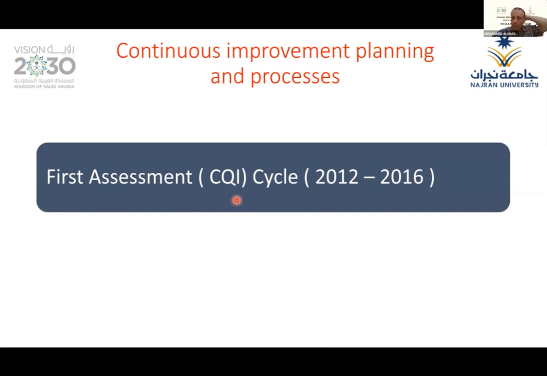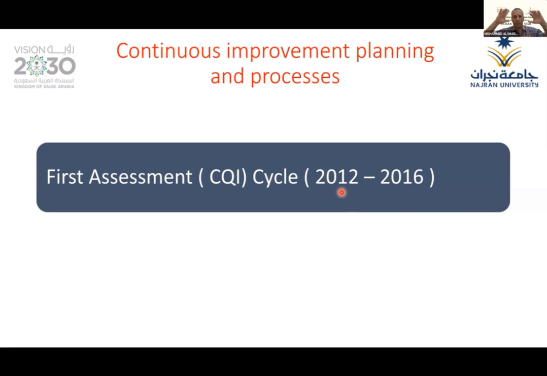We started our continuous improvement cycle, or first assessment cycle, in 2012, and it was for 5 years, because our program's duration is 5 years. Our revision cycle for the mission and goals was 5 years.